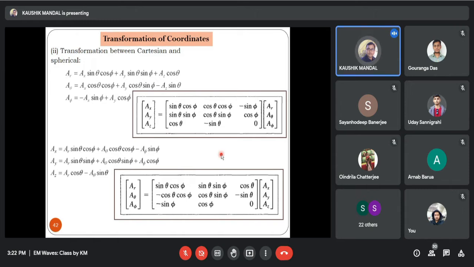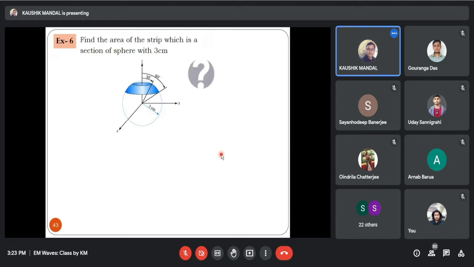So these two matrices, or these two sets of equations, are important to transform from Cartesian to spherical or from spherical to Cartesian. Now, is there any doubt regarding the basic discussion on the spherical coordinate system? Then with this basic discussion, we will first consider one simple example.